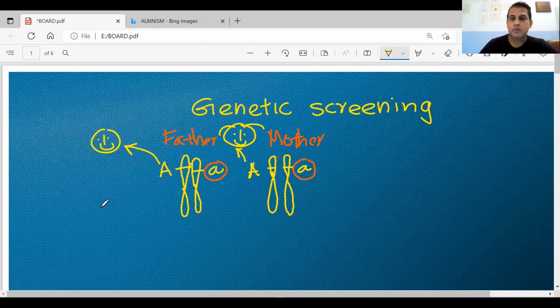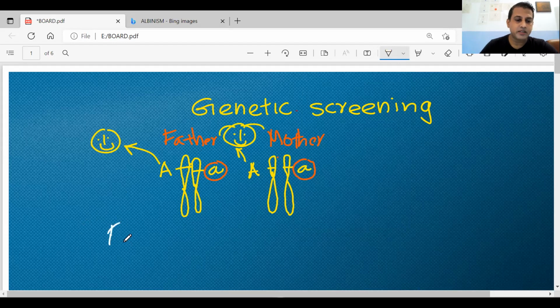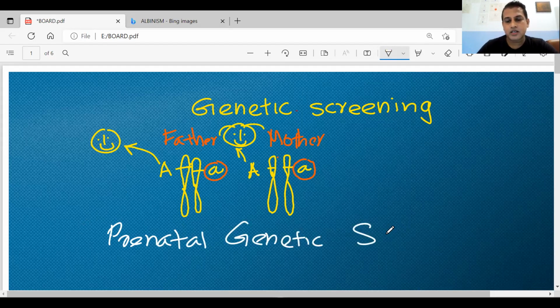This is called prenatal genetic screening. Right, what is prenatal? Prenatal is before the birth of the baby. So before the birth of the baby, they can check the genotype of the baby.